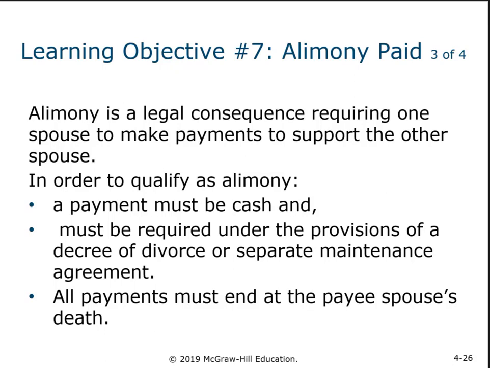So, for instance, if I was ordered to pay my ex-spouse $1,000 a month, as long as the youngest of our children is under 18, then it really is child support, because at the time they're 18, I don't have to pay the $1,000. If I pay $1,000 until they get to 18, and then I pay $600, then $400 is child support. Okay, and the other $600 could be alimony if it fits the other criteria.